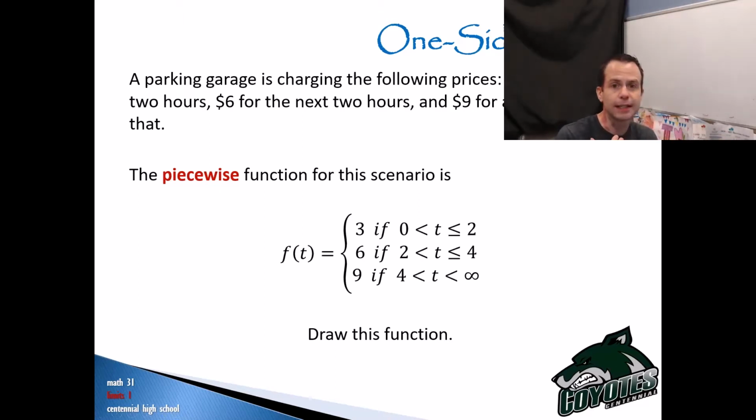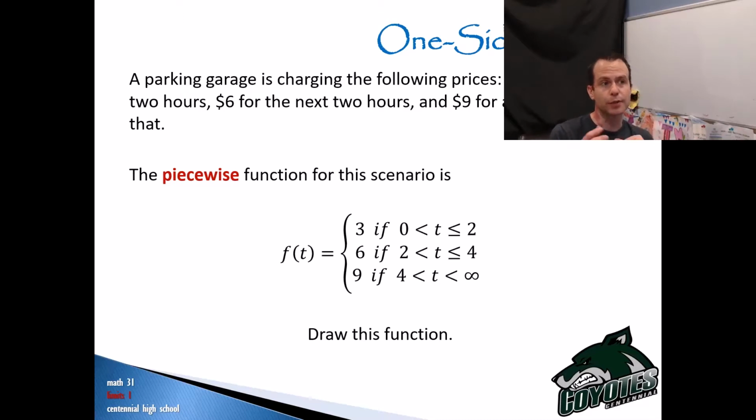I would really like it if you could do this on your own before I show you the picture. So I'm going to give you a few little hints here. It's 3 between 0 and 2. So if y is 3 between 0 and 2, you'd be looking at a horizontal line. Now, the difference is, though, you have to take into account whether you can equal the endpoint or not.